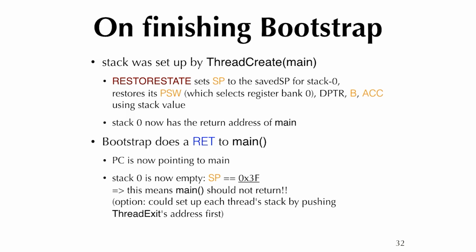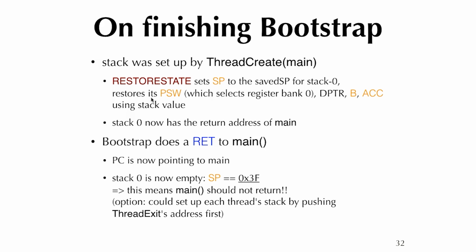So then the Bootstrap basically calls ThreadCreate to set up the initial stack for main, and then does a restore state to that context, right? So saved SP already has the saved value, so then it copies that to SP. That's when the stack got moved from the initial hardware stack to thread 0 stack.